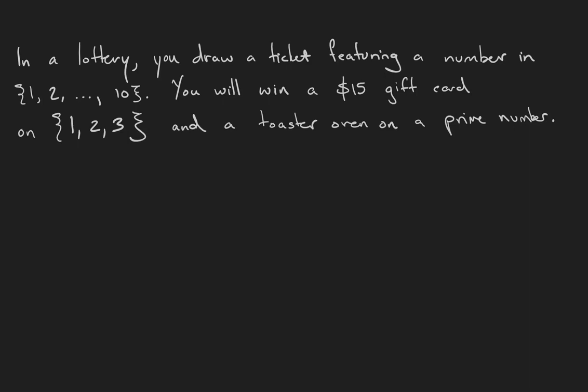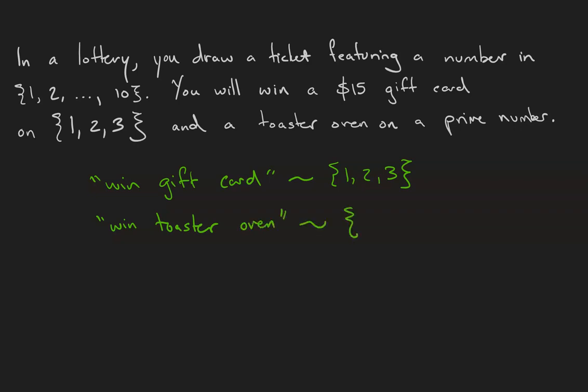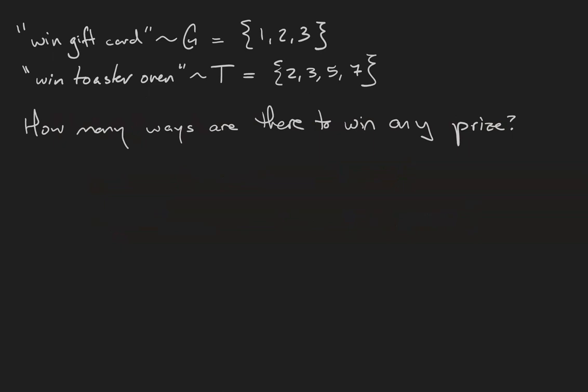In this case, the event win gift card corresponds to the set of outcomes 1, 2, 3, and win toaster oven corresponds to the set 2, 3, 5, 7. We'll use G to talk about the first set. We'll use T to talk about the second set.